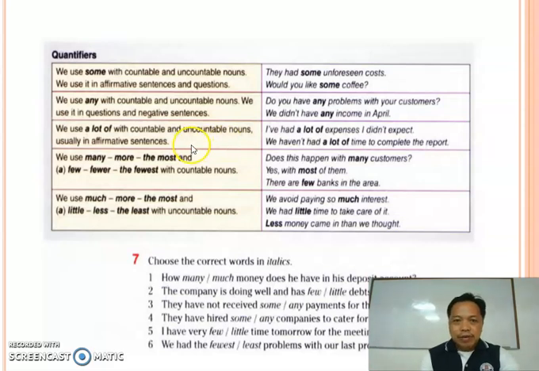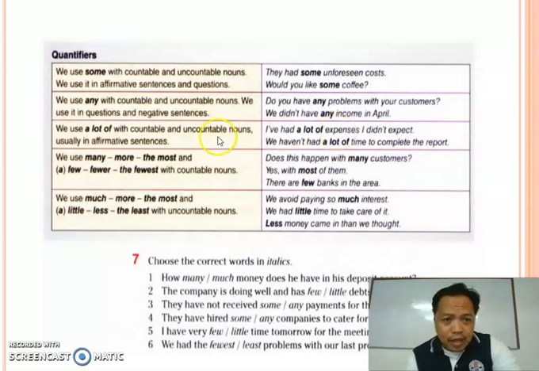Okay, let's continue. So again, a lot of, we can use it with countable and uncountable nouns, usually in affirmative sentences. Okay, we have examples here. I've had a lot of expenses I didn't expect. We haven't had a lot of time to complete the report. So these are examples of how we use a lot of.